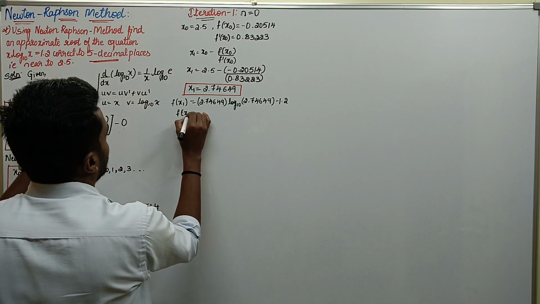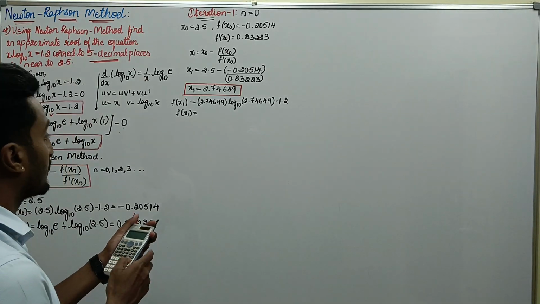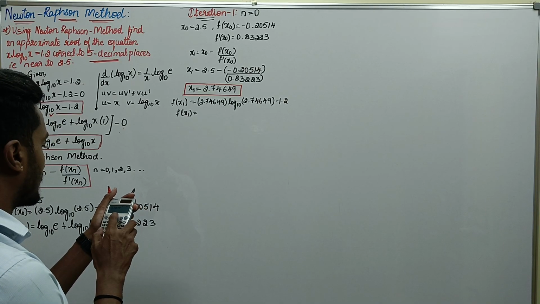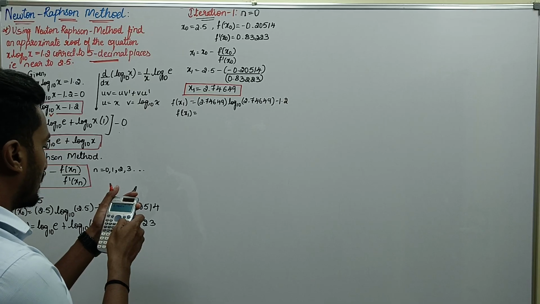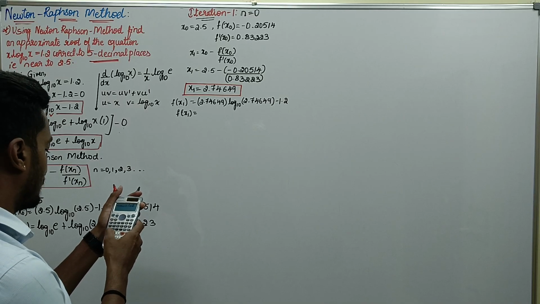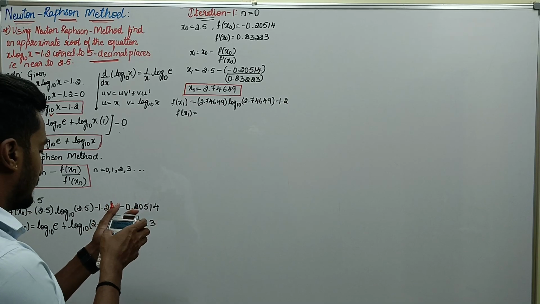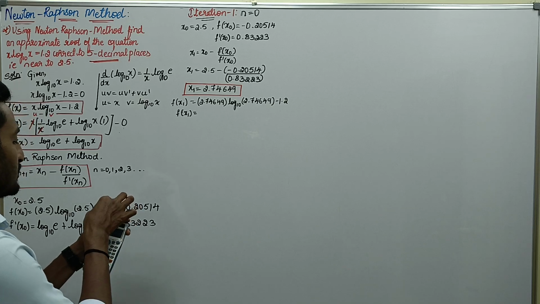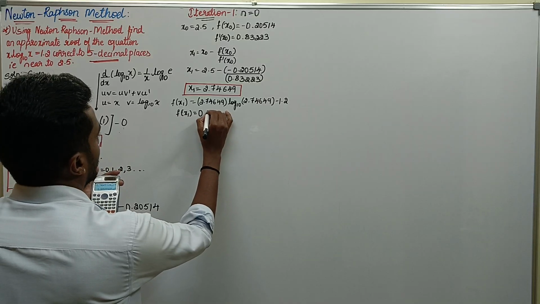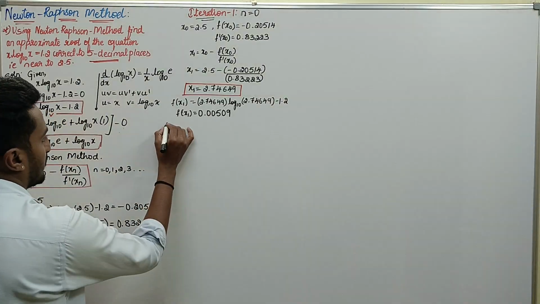So f of x1 is equal to 2.74649 log base 10 of 2.74649, close the bracket, minus 1.2. Shift eng, you get the value 0.00509. Okay, done.